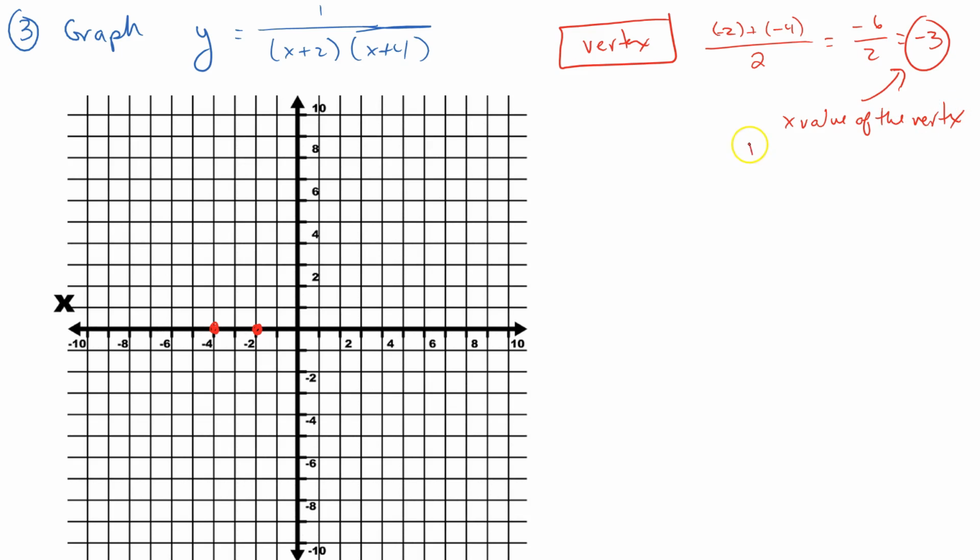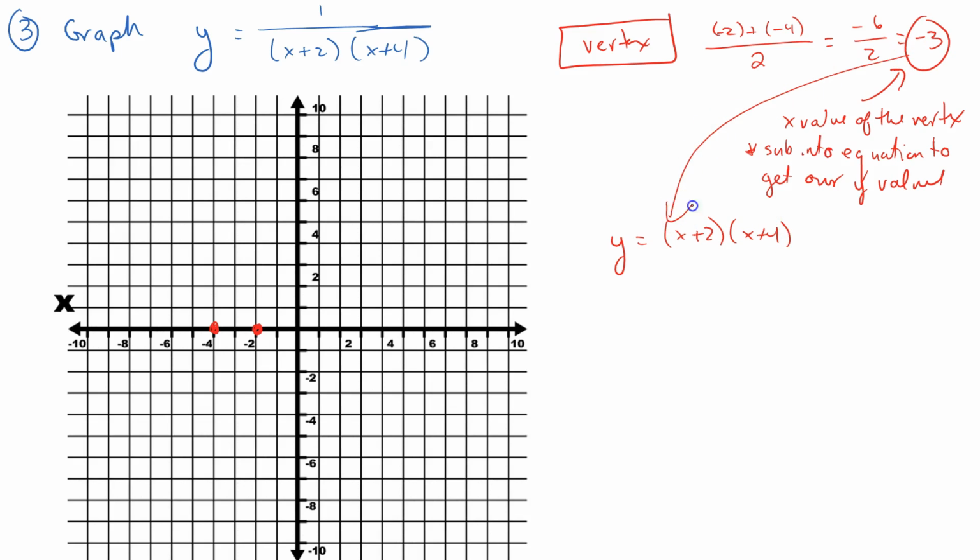Now we want to sub it into the equation to get our y value. So in the equation, y equals (x plus 2)(x plus 4), I'm going to sub in negative 3 for my x's.